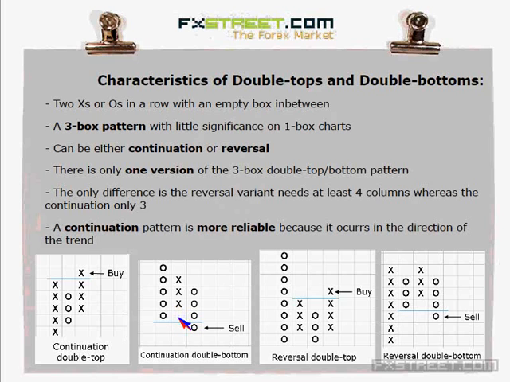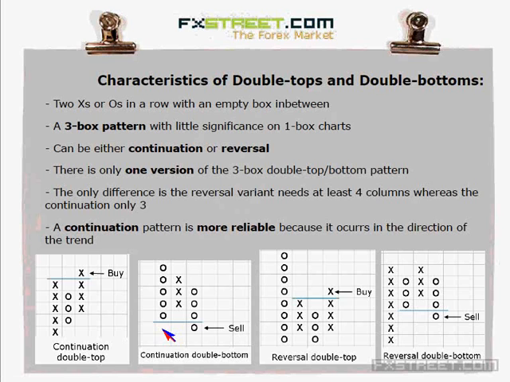So this is a characteristic of double tops and double bottoms, there are always two columns forming the resistance, forming the support, separated by an empty box. These patterns can be either continuation or reversal, as we already said. So here we have on the right side, these are two continuation, a continuation double top and a continuation double bottom.